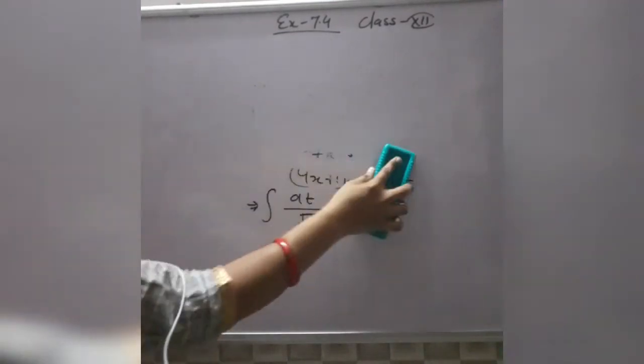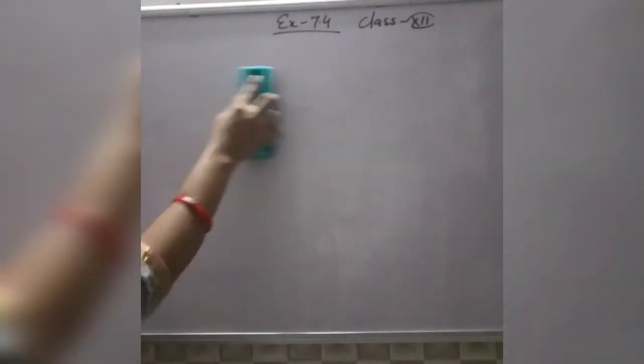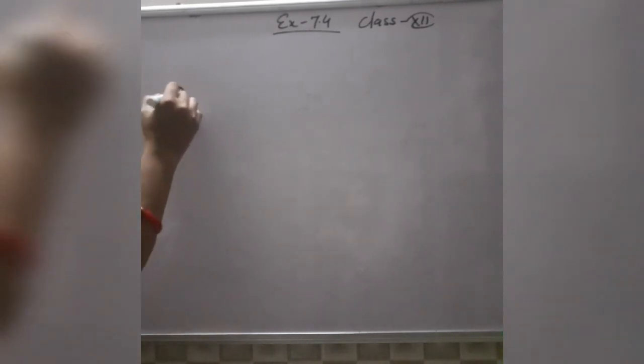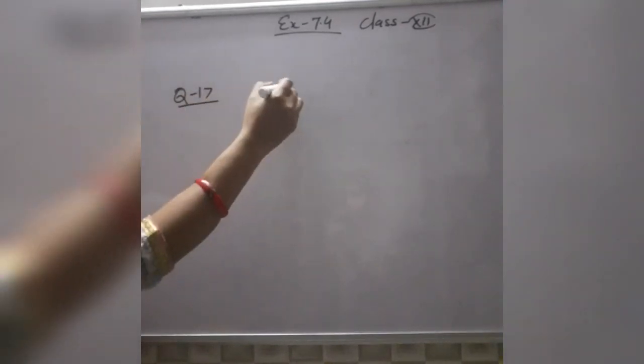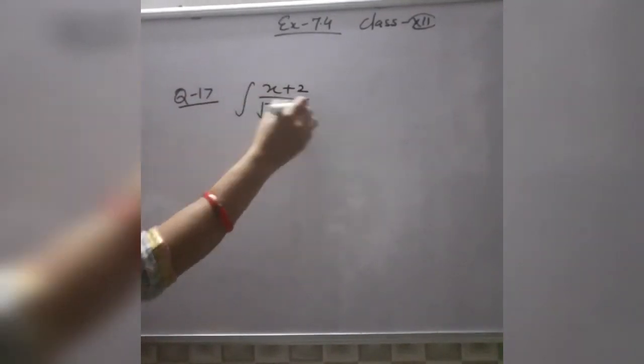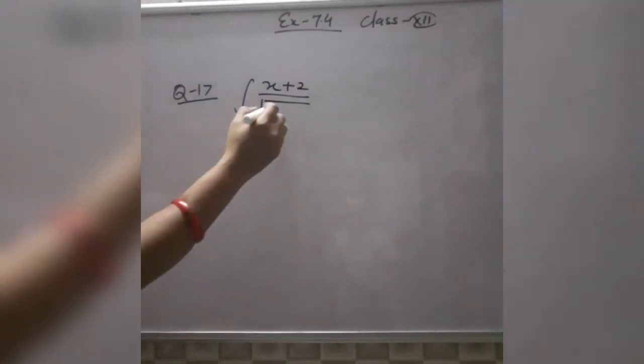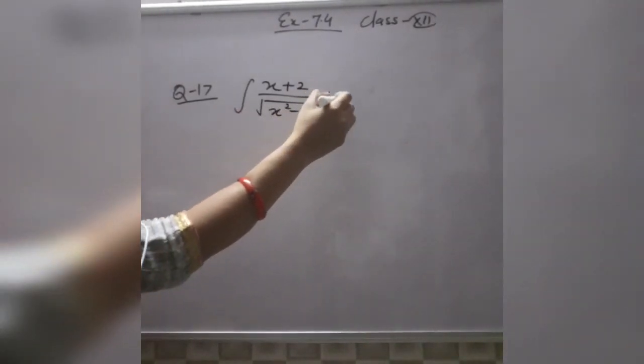Now similarly in question number 17, in the numerator in place of 1, a linear factor is given to you, and in the denominator a quadratic equation is given to you. Now what is the numerator in question number 17? x plus 2, and in the denominator root x square minus 1. Now see how you will find the integration of this.